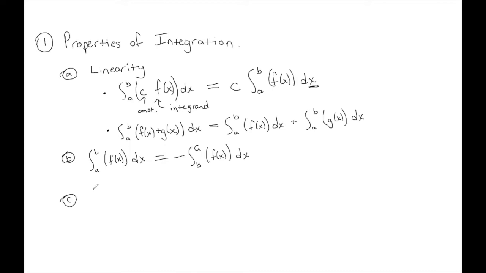So I can rewrite the integral from a to b, and here assuming that a is less than b, if I have a number in the middle called c, then I can split this into the integral from a to c of the same function, plus the integral of the rest of it from c to b.